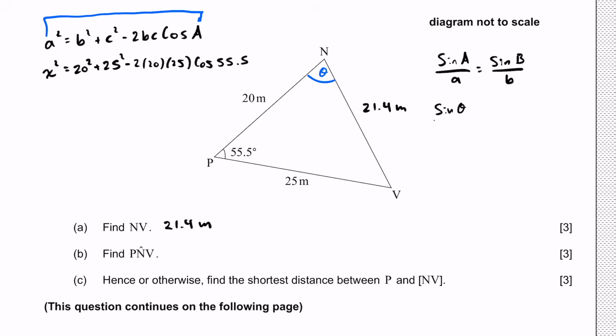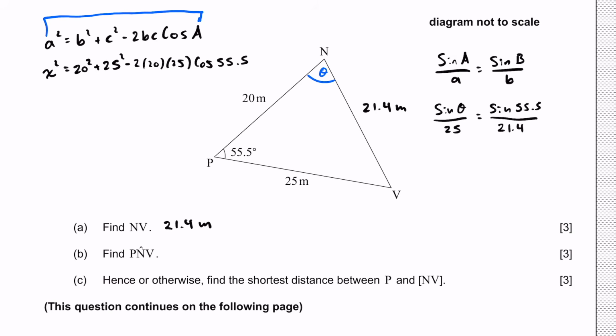Sine theta over, remember this A and this A, they're paired together. So the opposite is 25. And we have sine B, we'll use these two, I guess, this angle and side length pair. Sine 55.5. And it is paired with 21.4.